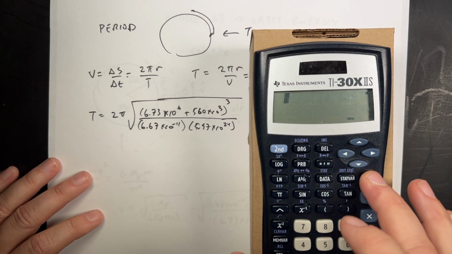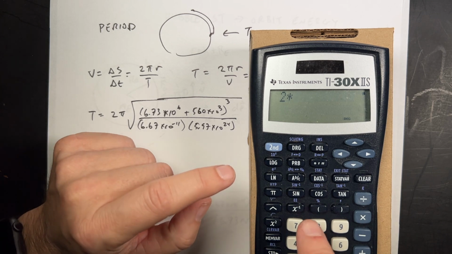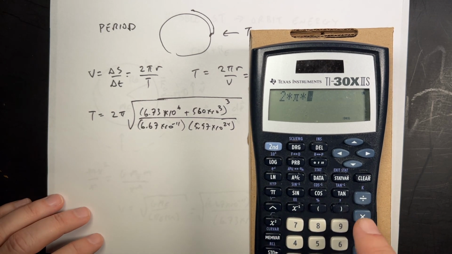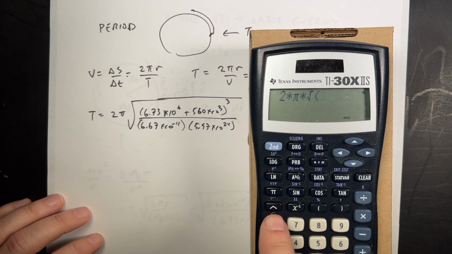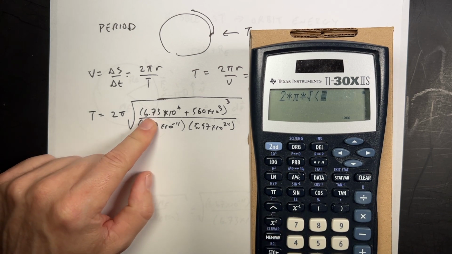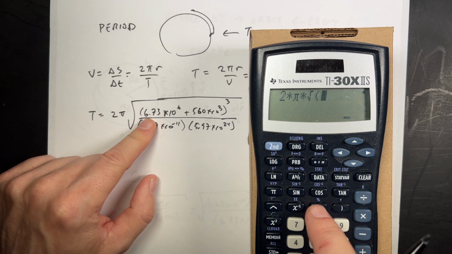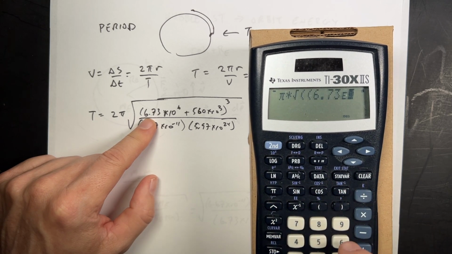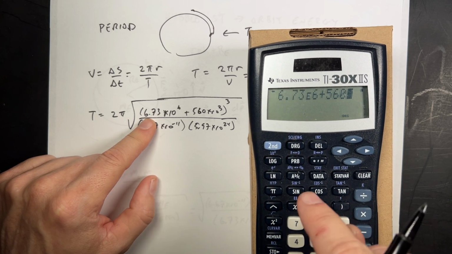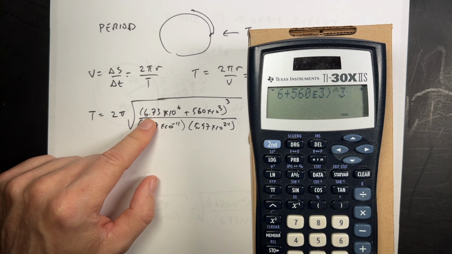Okay, clear. 2 times pi, where's pi? Pi times the square root. I pushed that one a lot because I can't see it. Then I have to add these two things together, so I'm going to put parentheses again. 6.73 scientific notation 6 plus 560 scientific notation 3, close parentheses, hat 3.